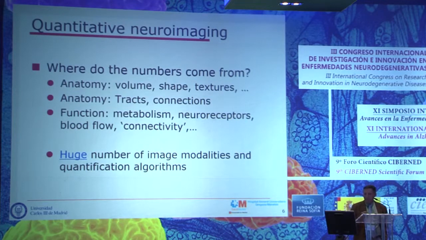It may also represent functional parameters such as glucose metabolism, density of neuroreceptors, blood flow, etc. So there's a huge number of image modalities I can use, and another huge number of quantification algorithms that may obtain those quantitative numbers that afterwards are represented as funny color images.